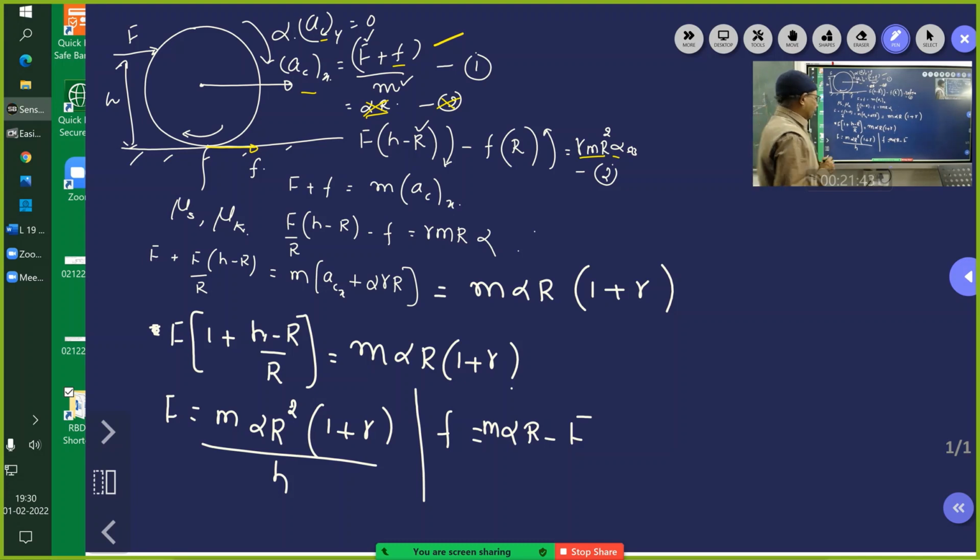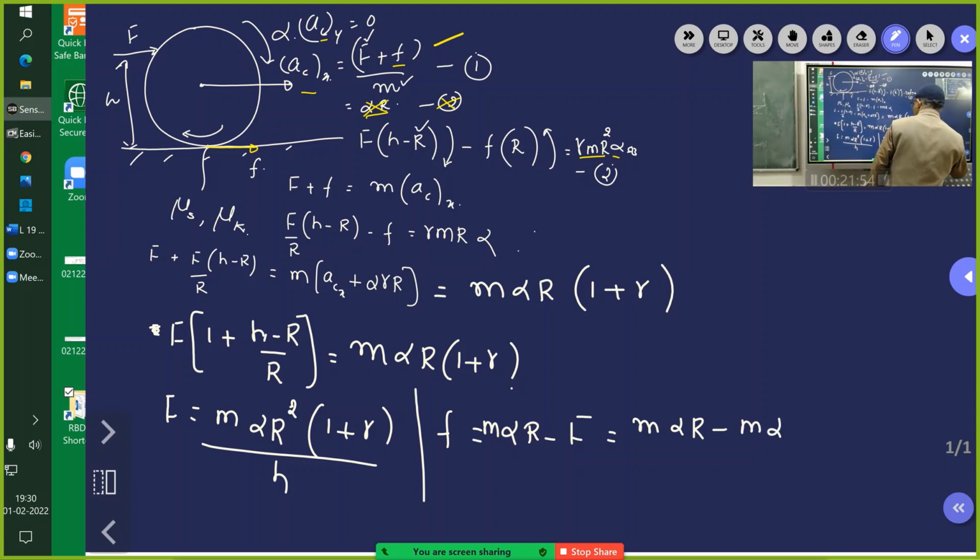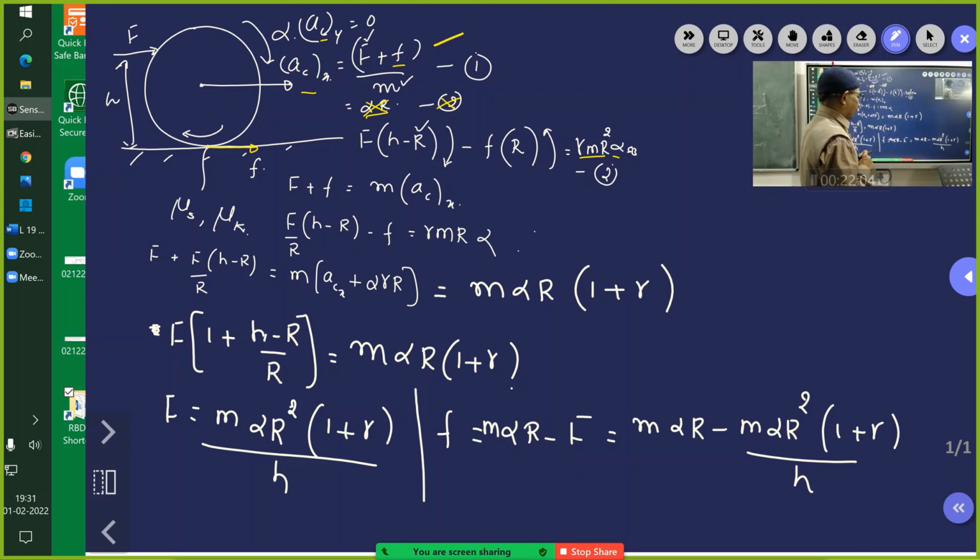So this one, if I expand, M alpha R minus, instead of F, write all this: M alpha R square 1 plus gamma divided by H. So this one, M alpha R, again take it common.